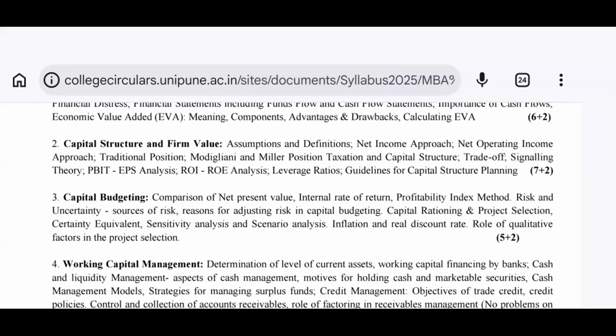The next important thing we are going to study is PBIT and EPS analysis. Now, what is PBIT and EPS analysis? PBIT stands for profit before interest and taxation, and EPS is earnings per share. It means if the firm is generating profits, suppose I generate 1 crore profit and I'm only giving 50 lakh to my shareholders, how much per share am I earning?